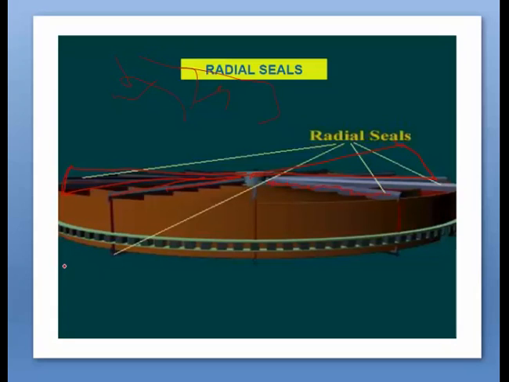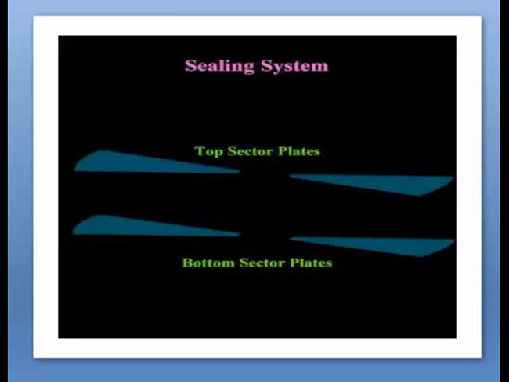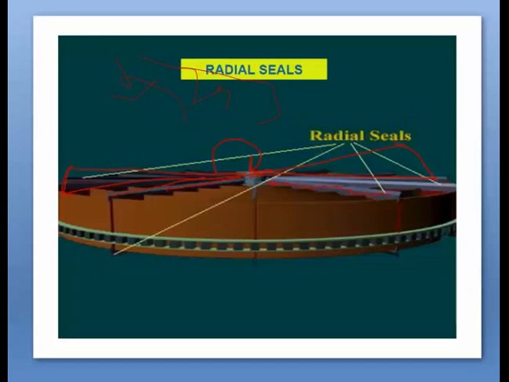When this rotor rotates, this also rotates, and these projected radial seals bear against the contact surfaces of the top sector plate and bottom sector plate.